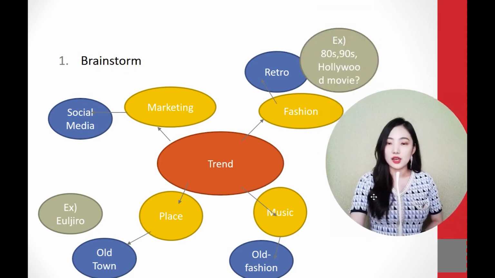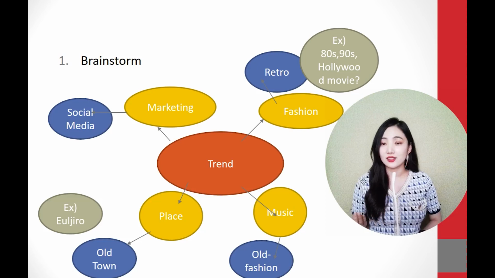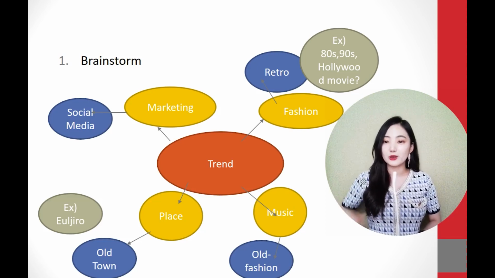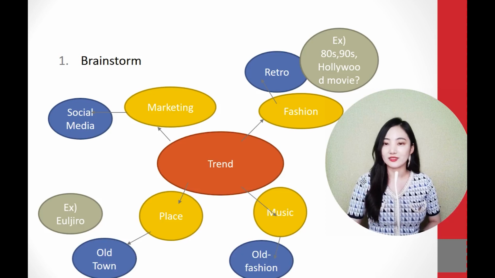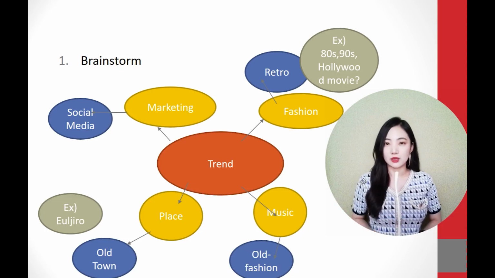Next one, it's fashion, retro. So if you watch some Hollywood movies, fashions from the 1980s, 1990s, or even 1970s are getting popular again. It looks very fashionable, right? So a lot of celebrities or TV stars, movie stars wear those items like white pants or maybe some crop t-shirts, right?